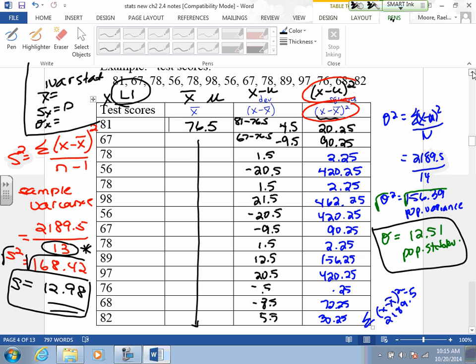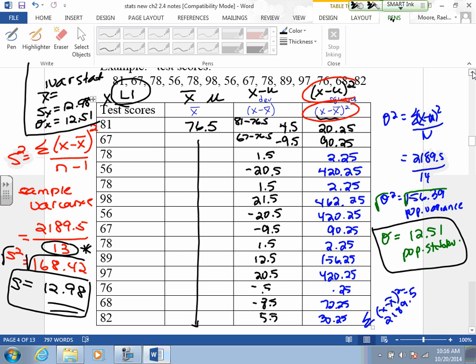So you found 12.98 and you found 12.51. Now I want you to notice you cannot find the variance here. Aaron said the variance is just the square of the standard deviation. Make sense? Because we're stepping backwards. We took the square root from your variance to get your standard deviation. To get your variance, we're going to square it.